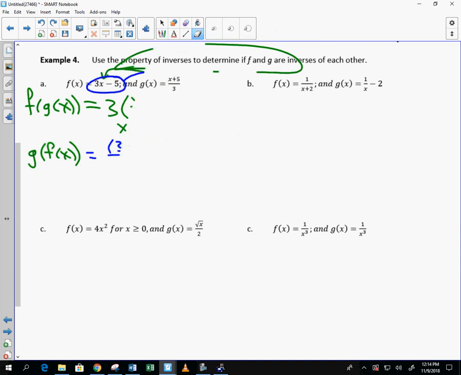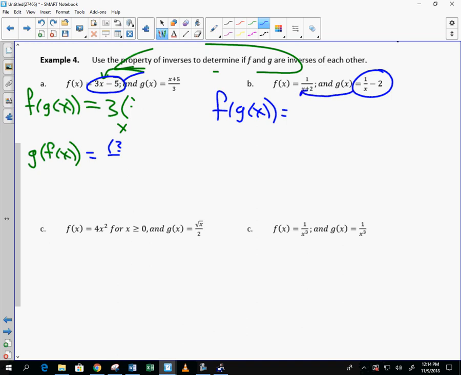One more. F of g of x. I take this g of x and I throw it there. And I like to use parentheses around that. That way I kind of keep my work organized. 1 over parentheses, 1 over x, we're almost done, minus 2, plus 2.